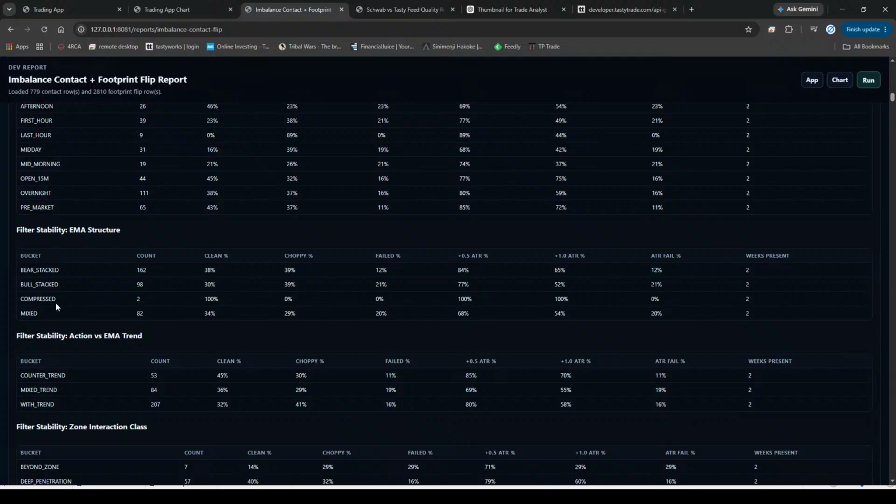There's only 2 uncompressed, so you have to throw that out. There's not enough instances. But if I'm in a bear trend and I get the flip, then 84% of the time we hit the ATR. So these are just weightings.